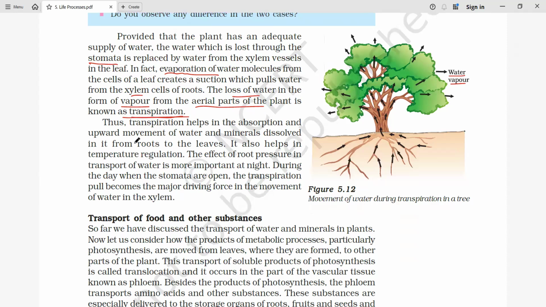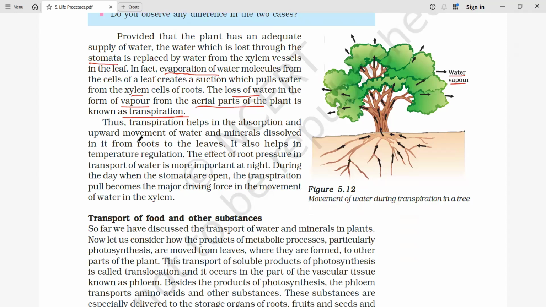So we are reading the transportation, but new term came transpiration. Transpiration क्या है? जब प्लांट क्या करता है, वाटर को लॉस करता है, किस फॉर्म में? वेपर के फॉर्म में. So the aerial parts like we have mainly stomata, so that is going to lose the water. तो उसको क्या बोलते हैं? Transpiration.